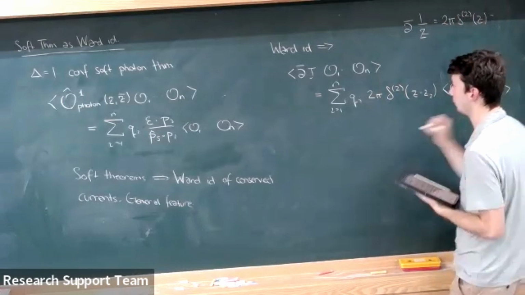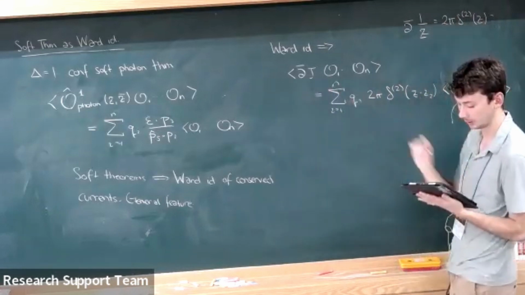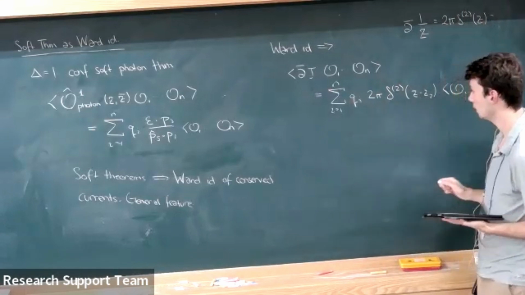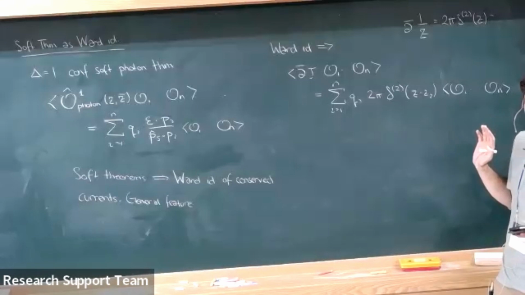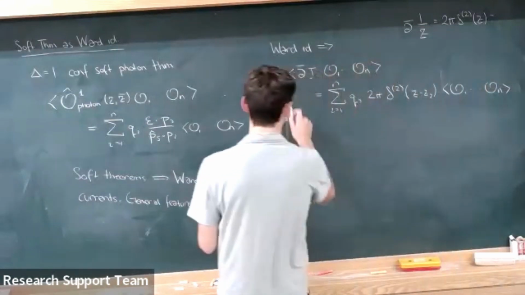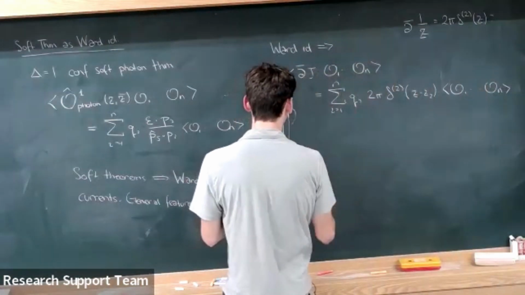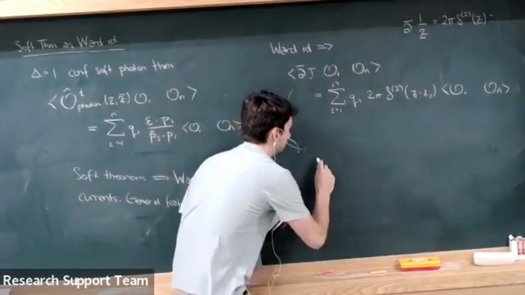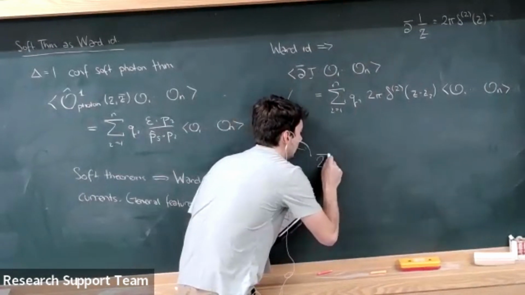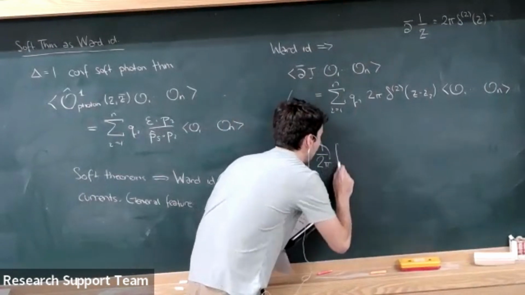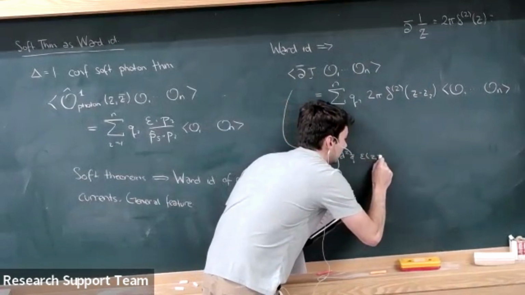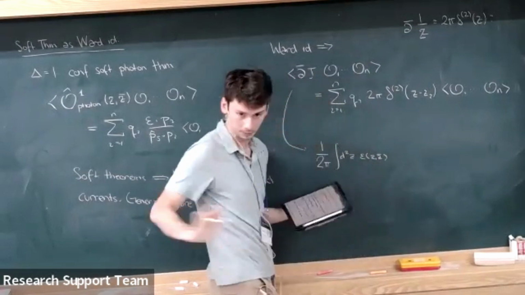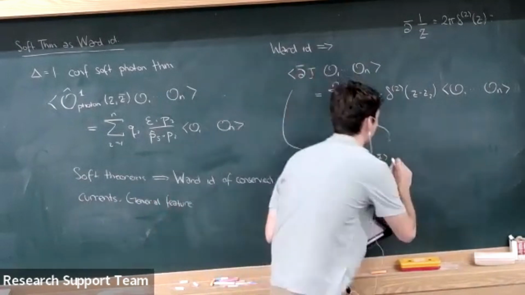So we have this expression when we take the anti-holomorphic derivative of J. But now I'm free to integrate both sides against some arbitrary function. When I integrate the left-hand side, I'm going to take out this factor of 1 over 2 pi for convenience. So I integrate it against some function epsilon of z bar. You can feel free to choose whatever you'd like.